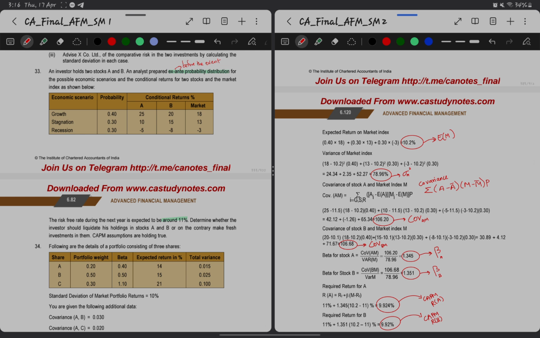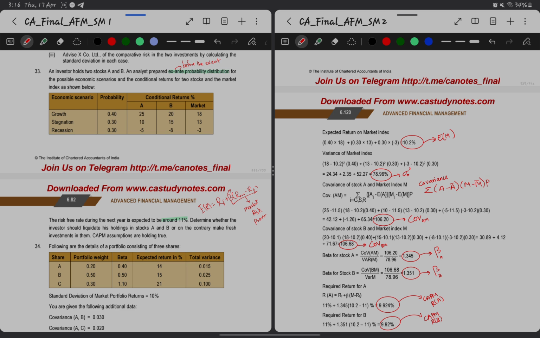For CAPM, the formula for CAPM expected return will be risk-free return plus beta into RM minus RF, whereas RM minus RF will be the market risk premium, and RF is the risk-free return, and beta signifies the sensitivity of the stock's return towards the market.